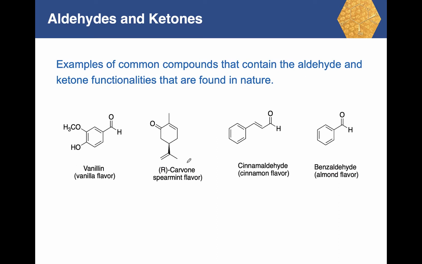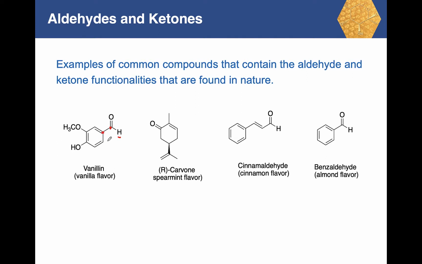Let us look at some aldehydes and ketones that are found in nature. Here is one, vanillin. The organic molecule is here. First, is it an aldehyde or a ketone? We'll have to identify the carbon-oxygen double bond. Here it is. This carbon is bonded to one hydrogen and another carbon group.